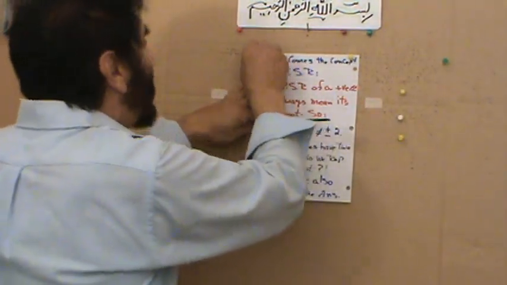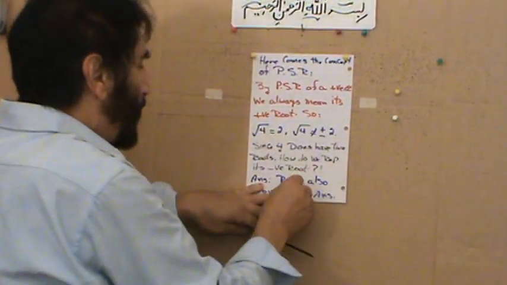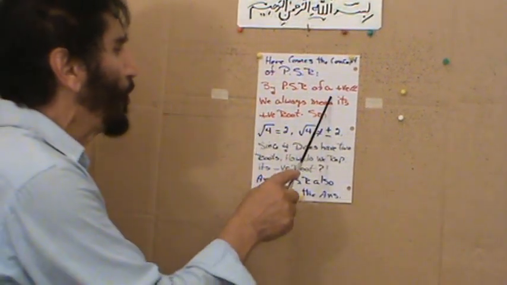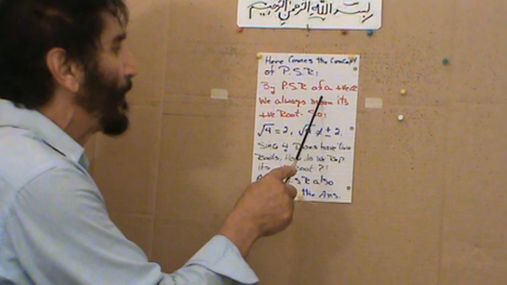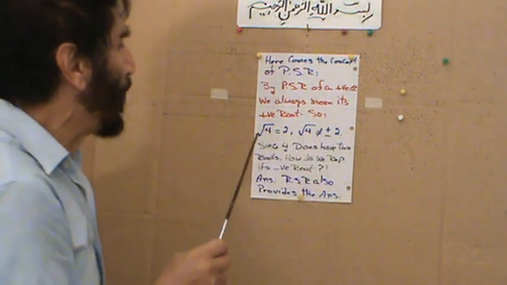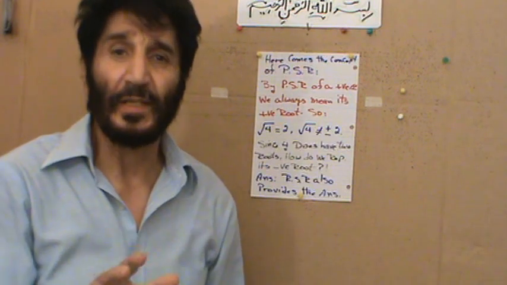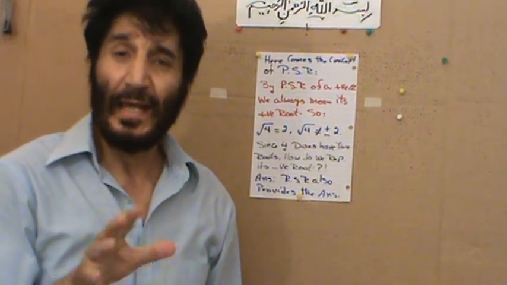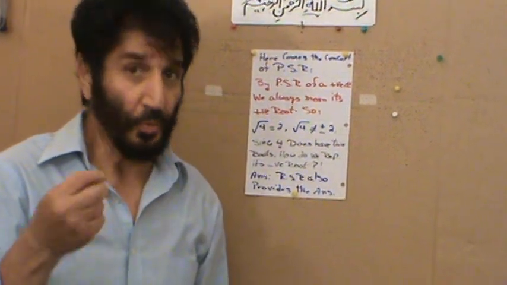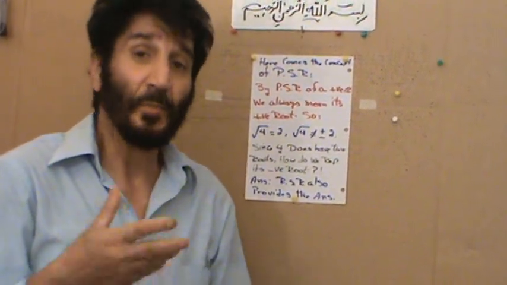See how this principal square root is going to filter away the ambiguity that we had. By principal square root of a number A, we always mean the positive root of that, because every positive number has two roots. I keep repeating that.